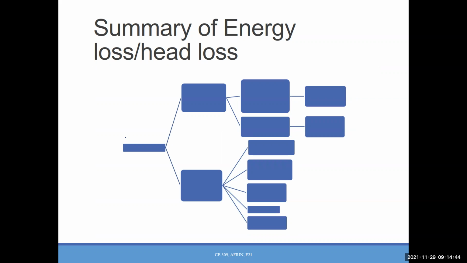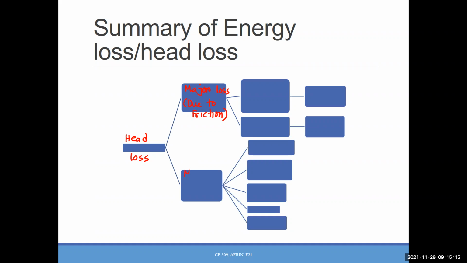Okay, so the first one is, obviously we are working with head loss, and we can have two types of head loss here. The first one is major loss due to friction.